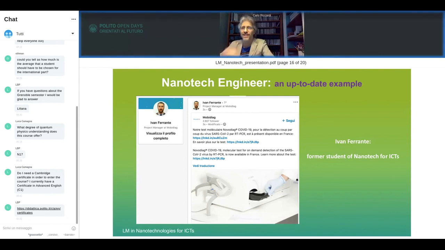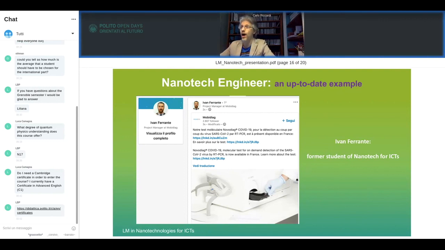This guy, maybe Liliana, I don't know if she remembers him, is Ivan Ferrante, that I know very well. He's working in Paris in a company called Mobidiag, that is doing mobile diagnostics. He was a former student of Nanotech, and just a few weeks ago they came out with this new diagnostic system to detect COVID in 15 minutes.